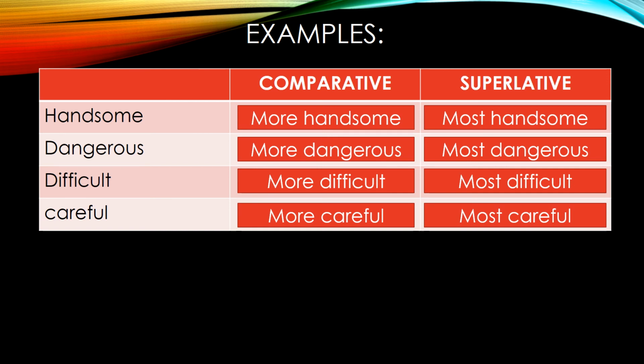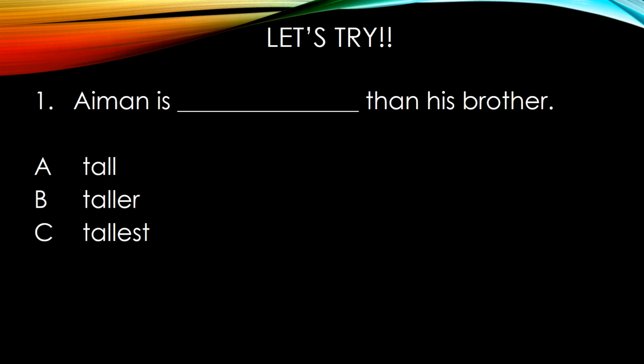Alright, so now let us try some of the examples given here. Number one, Ayman is then his brother. As you can see here, there's the keyword then after the blank. If there's the word then and the adjective is short, can we add more or most?